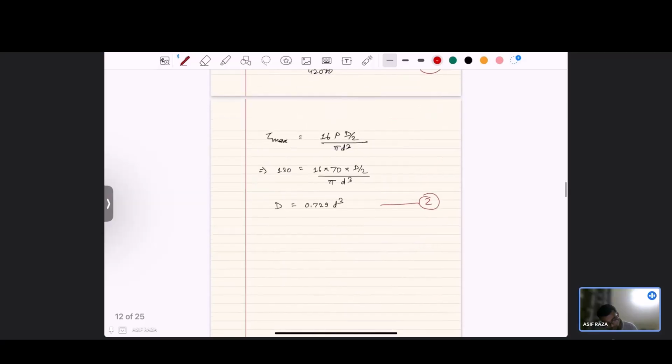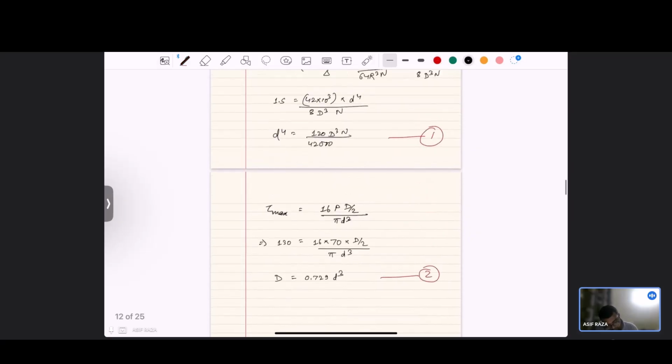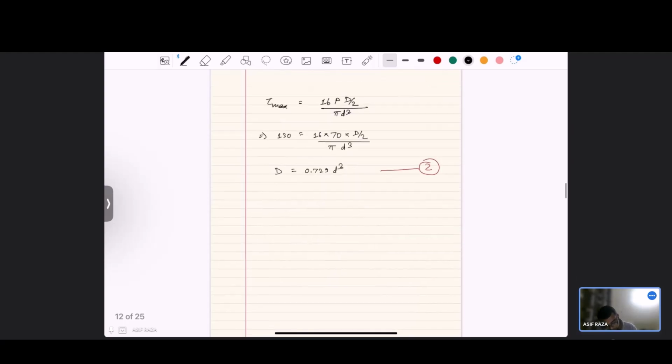Okay, so let us substitute everything in 1. So substitute D and N in terms of d in 1.